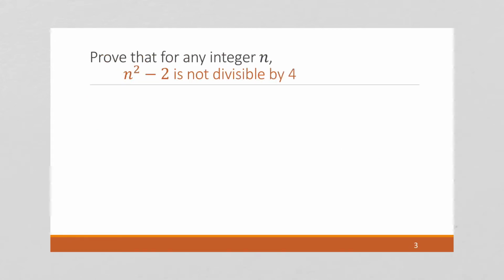So in this problem, we want to prove that for any integer n, n squared minus 2 is not divisible by 4. So the very first thing I always do when I do one of these proofs, maybe we can just call it step 0, is I want to write this out formally.